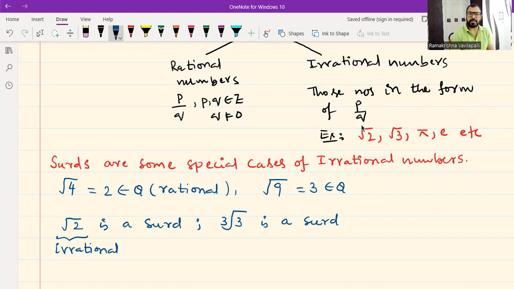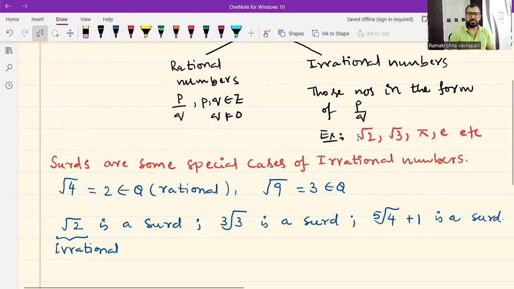So surds are part of irrational numbers. Like this, fifth root of 4 plus 1 is a surd. So how do we define a surd?